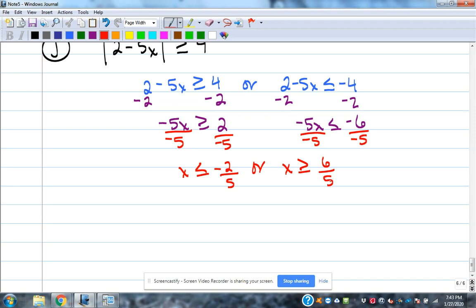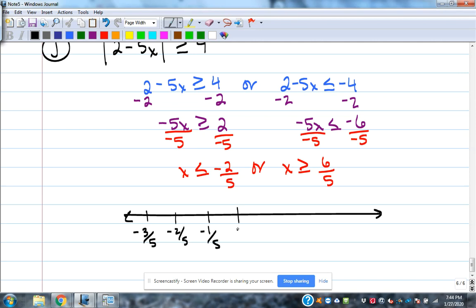The good news is both of those fractions have the same denominator, so that makes the number line super easy to draw. So when I go to put that on the number line, I'm just going to change the numerators. We'll have to make it longer because I didn't draw long enough.